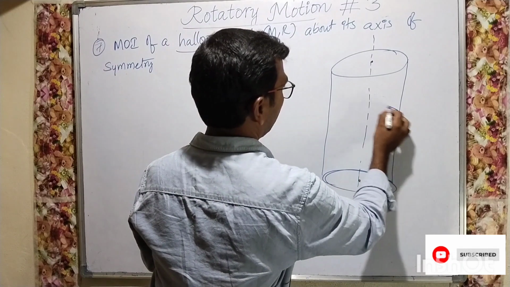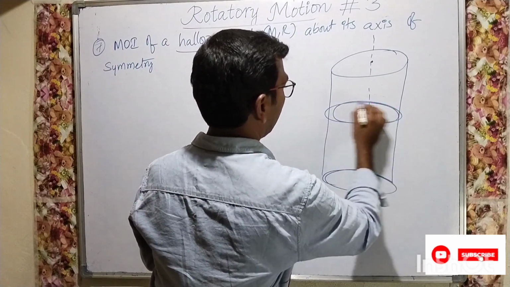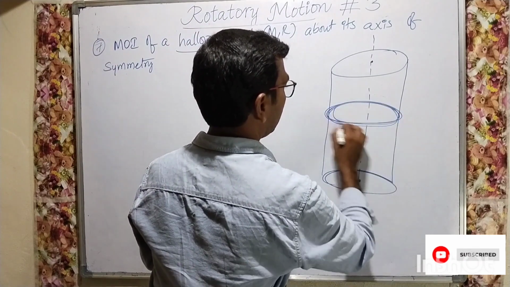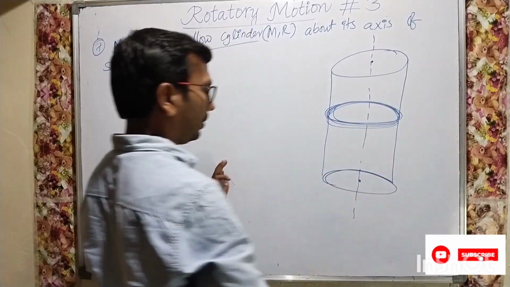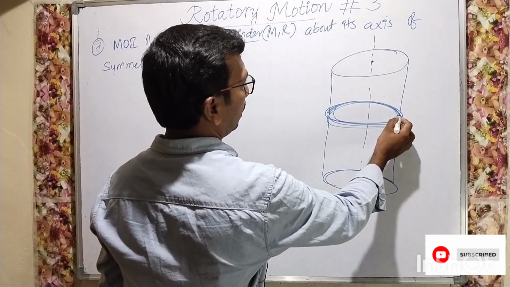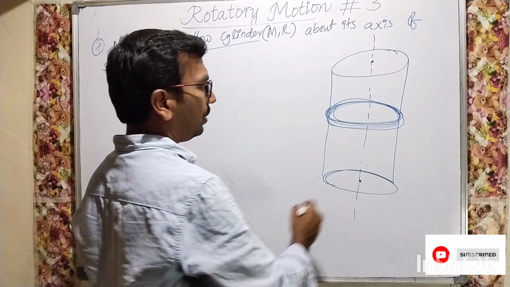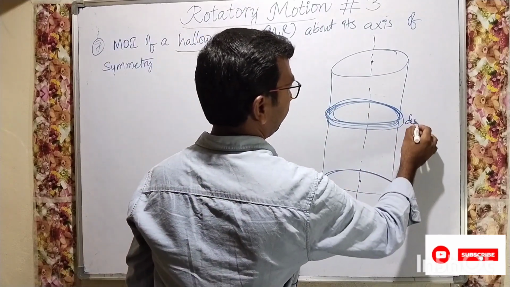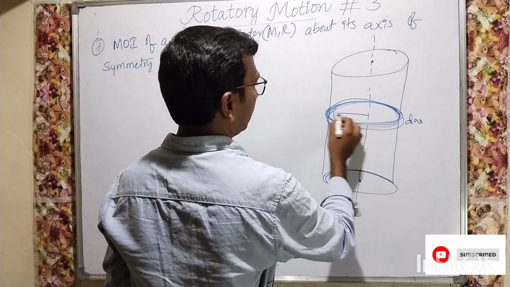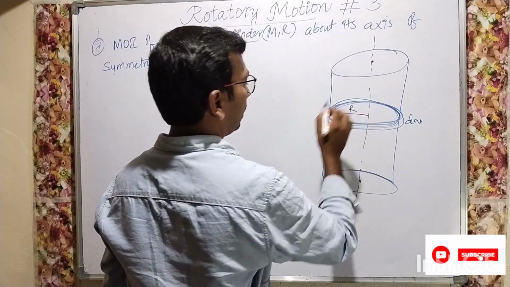You can consider a small elemental ring of mass dm, with radius r.